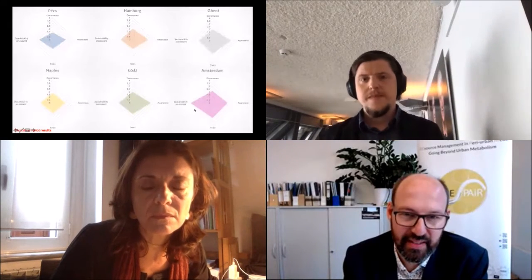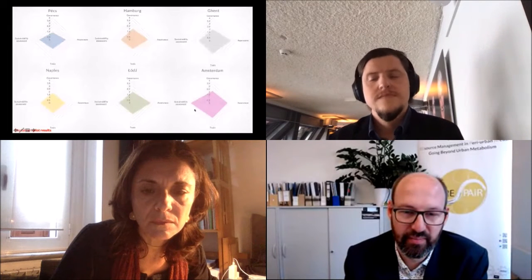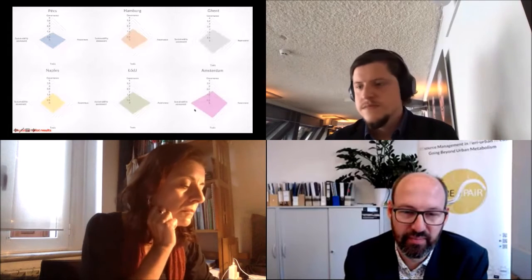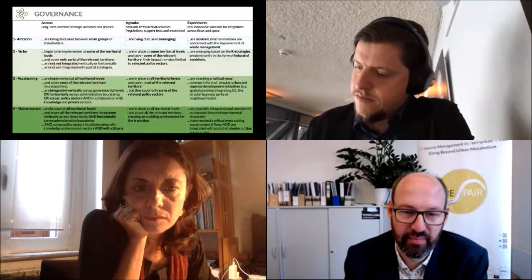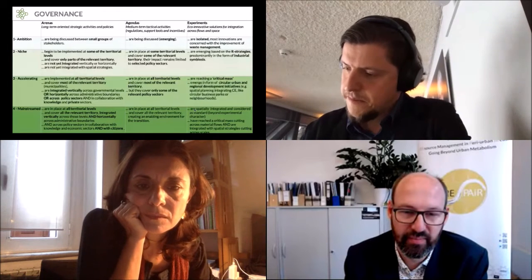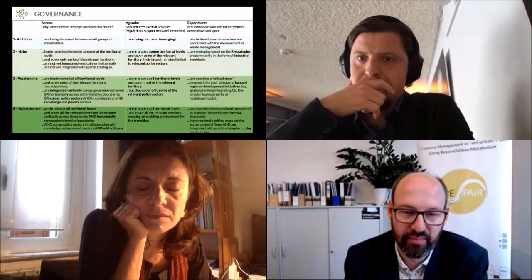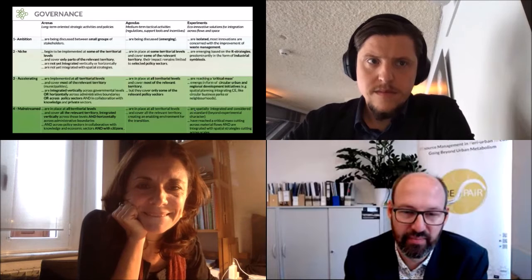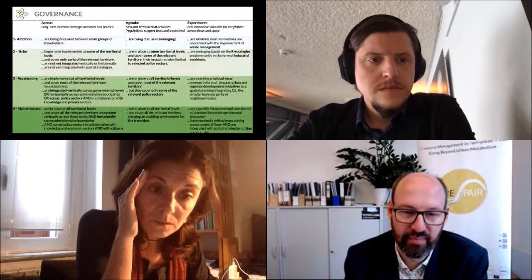Yeah, so I'm now explaining to you the axis of governance, which is one of the 4 axes. And as you can see in the slide, we made some subcategories within the governance axis.